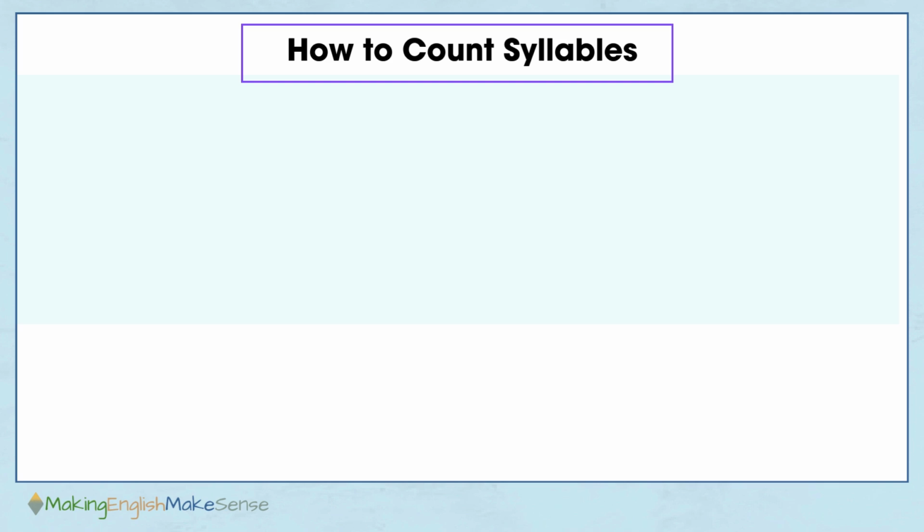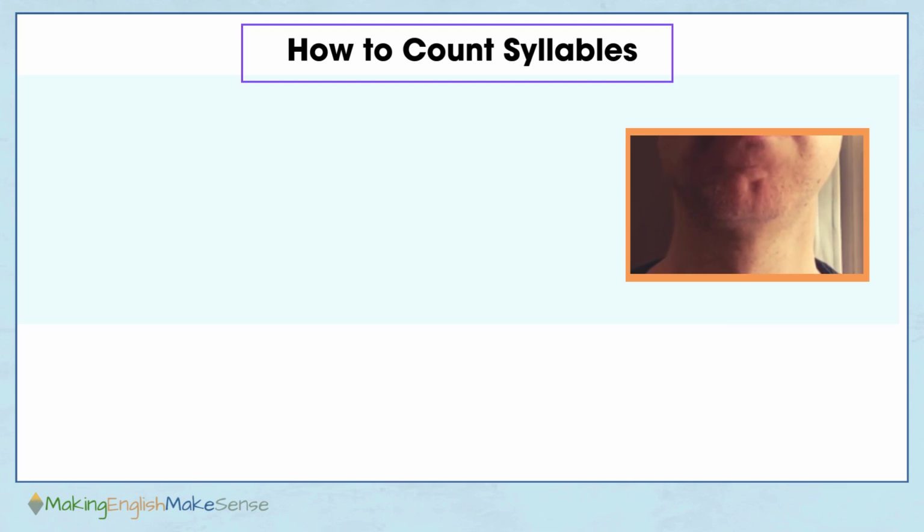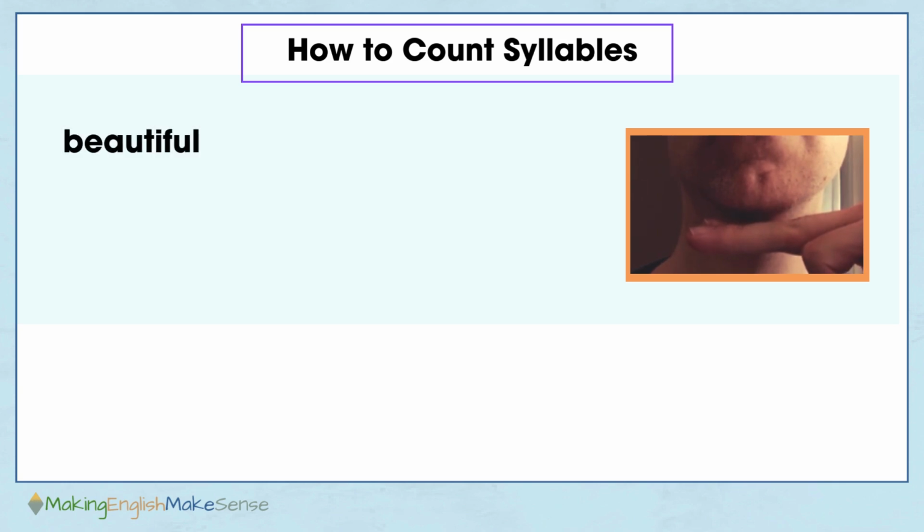Now remember, each syllable has to have its own vowel sound, right? So an easy way to count them in a tactile way is to place two fingers just below your chin like this. Now, when we say the word, our chin will touch our fingers for each syllable. For example, let's say we want to count the number of syllables in the word beautiful.